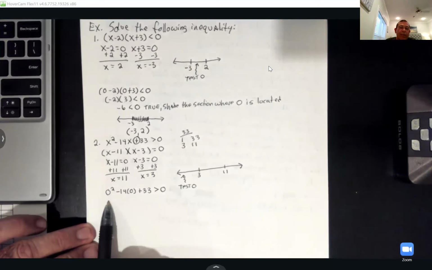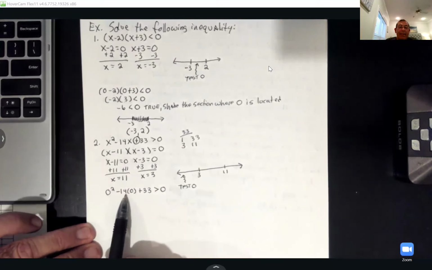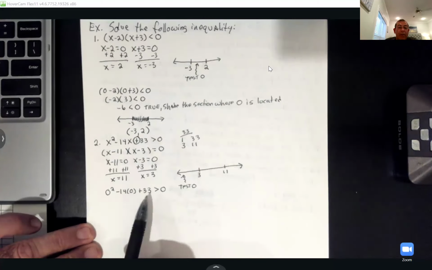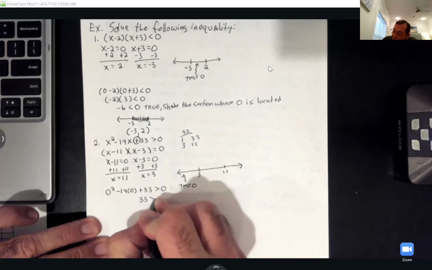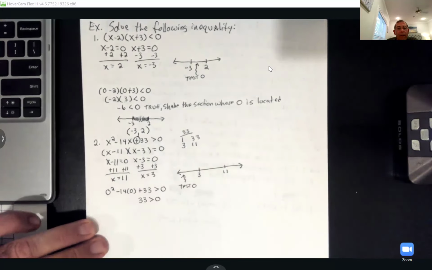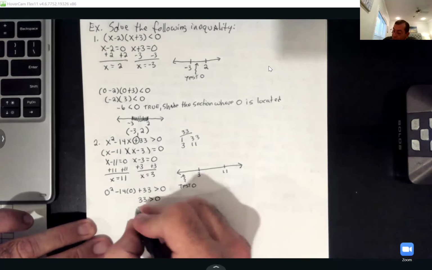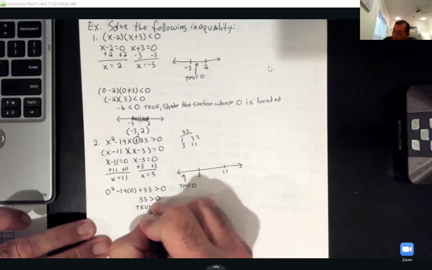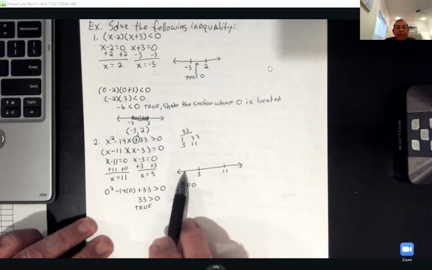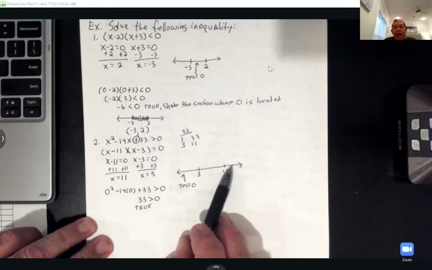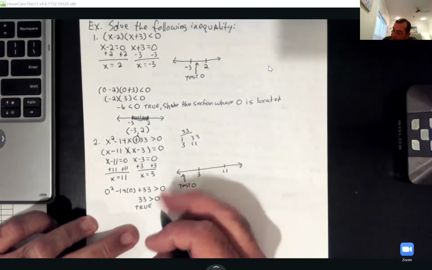Because 0 squared is 0. 14 times 0 is 0. So basically, this becomes 33 greater than 0, which is definitely true. So since that's true, we got to shade the left end and automatically shade that right end.